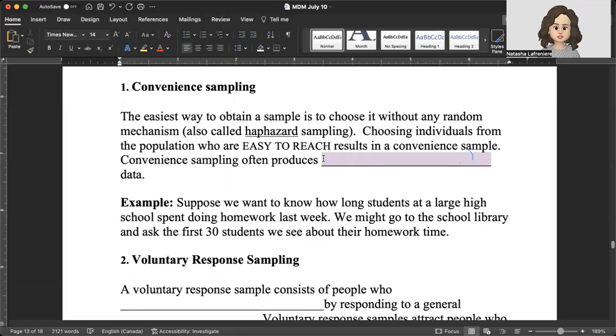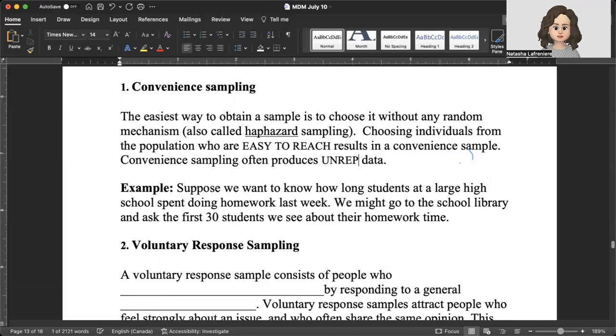Convenience sampling often produces unrepresentative data. So like, best example I could give is, you know, if you're doing the person who answers the first call, and you're studying like anxiety, for example, a lot of people with anxiety don't like answering the phone if they don't know who it is. And so it's very unrepresentative data.